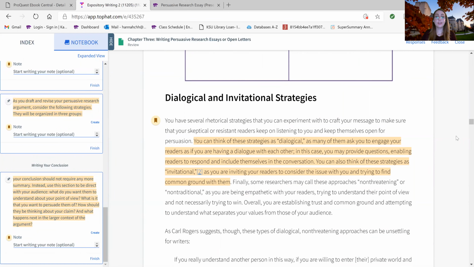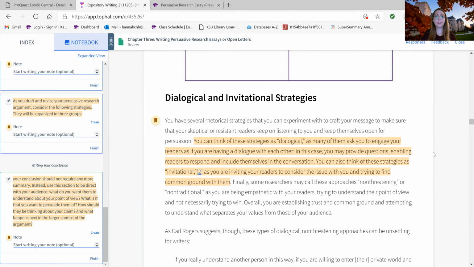And then dialogical and invitational strategies. Dialogical is the term we use to describe having a dialogue with another person or with another argument, or think of it as another way of engaging in the conversation. So for example, as I have highlighted here, you may provide questions within your essay, enabling readers to respond and include themselves in the conversation.